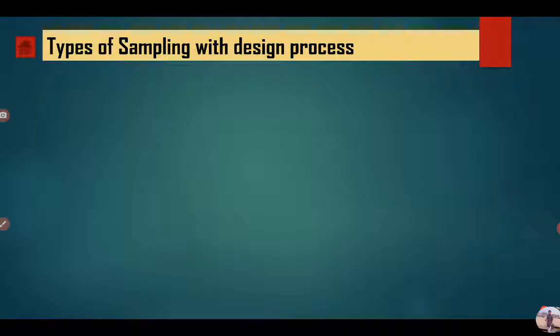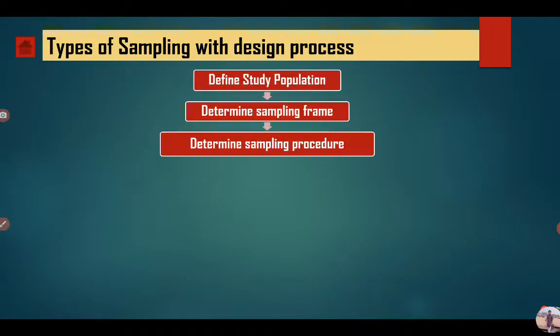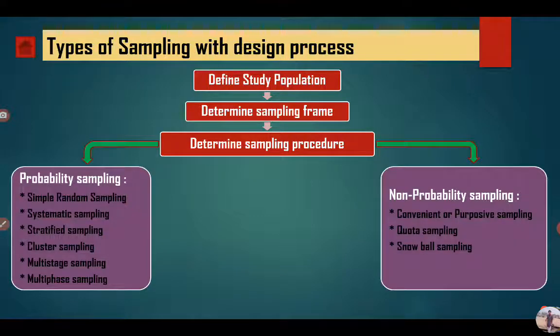Now the types of sampling with the design process. This procedure starts with defining the study population, with determination of the sampling frame, and then determination of the sampling procedure or technique, which is again divided into two: probability sampling technique and non-probability sampling technique.